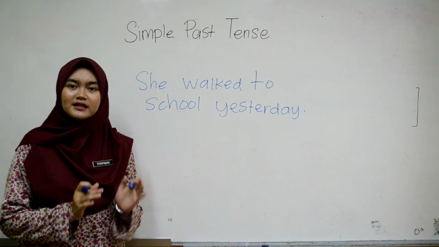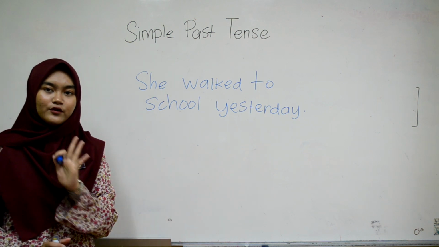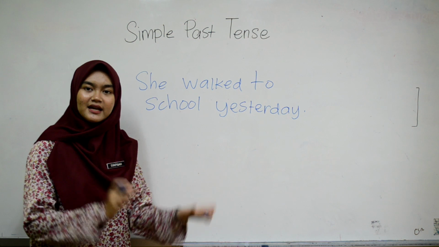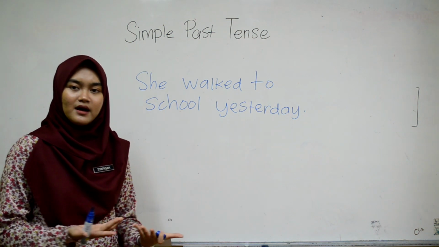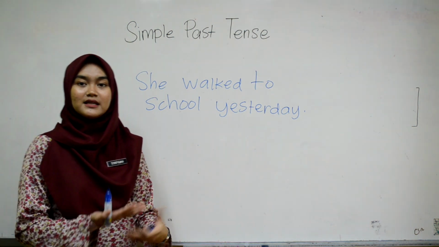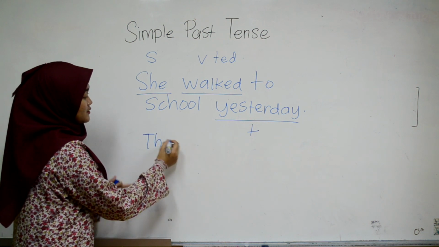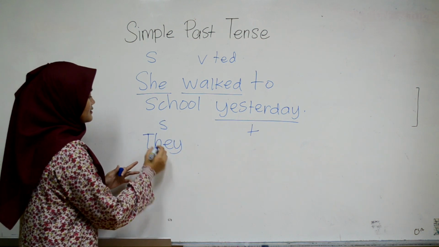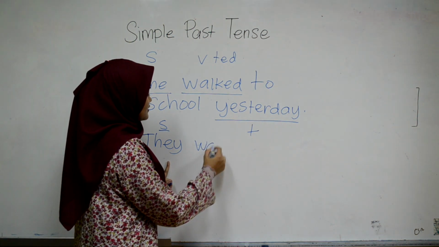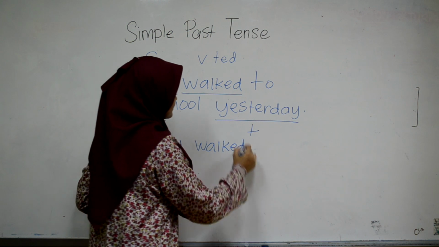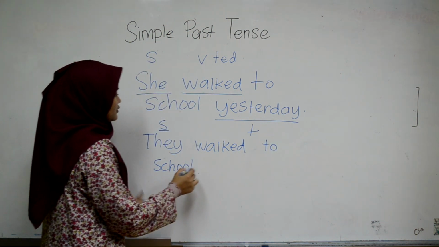Students, in creating sentences for simple past tense, it is important for you to know that you have to mention the time the action happened. Even though it happened in the past, you have to mention when it happened. For example, yesterday. They is plural. They walked to school yesterday.